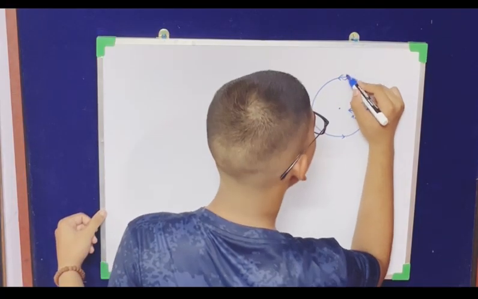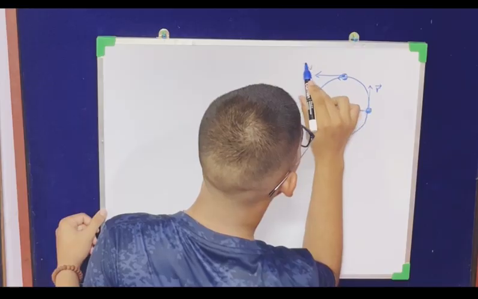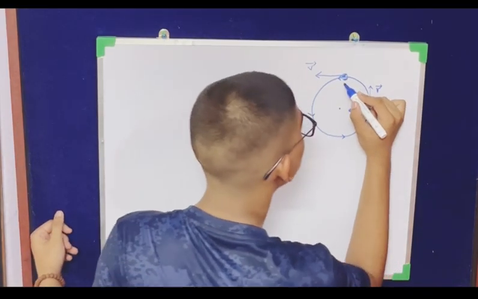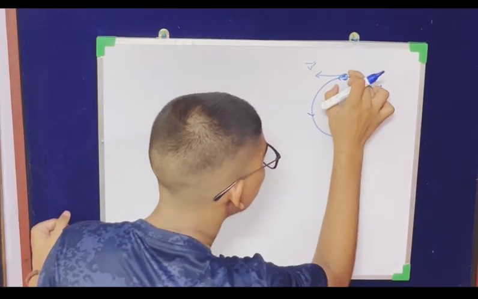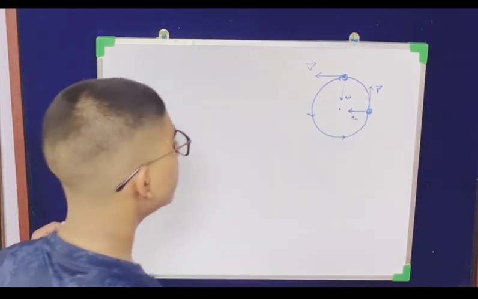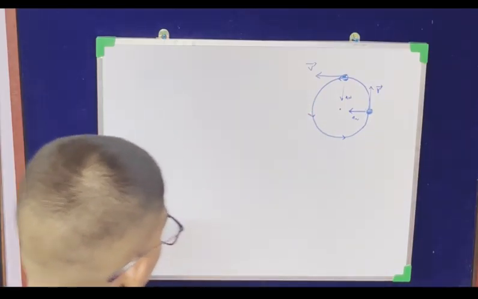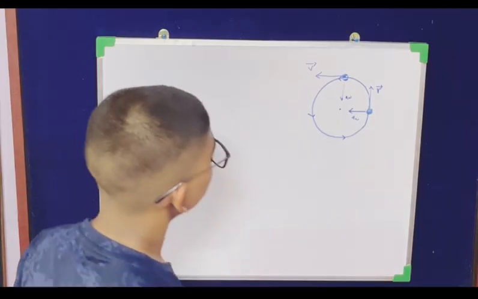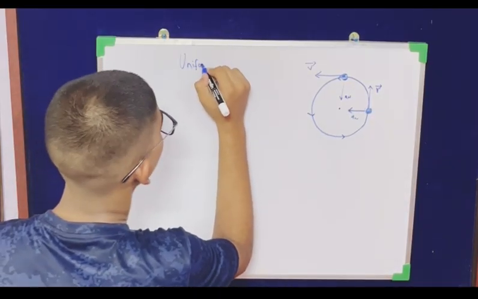When it comes here, its velocity will be here, like this. And the normal acceleration will be downwards, because see, it is going downward, then again it is coming upward. So the normal acceleration decides its direction, and this is its velocity. As we know, first let us understand what uniform circular motion is.